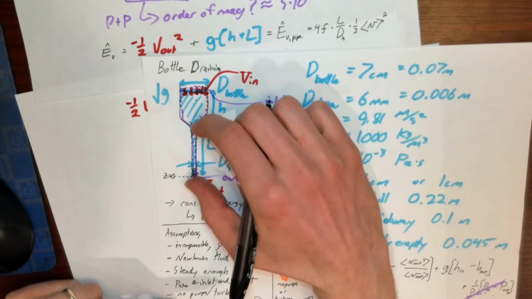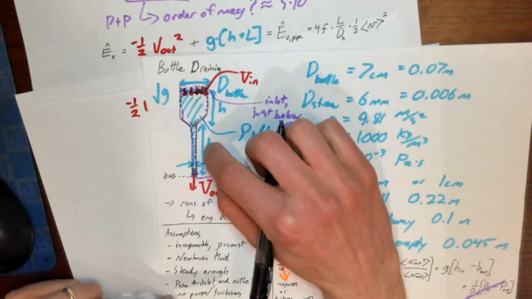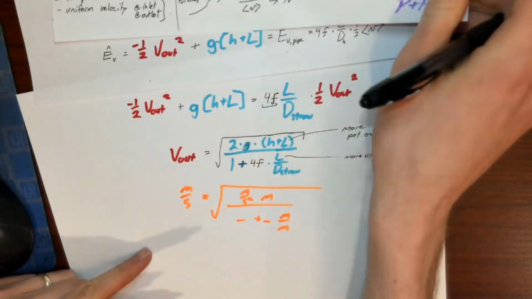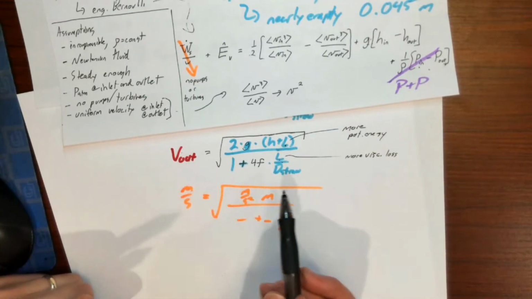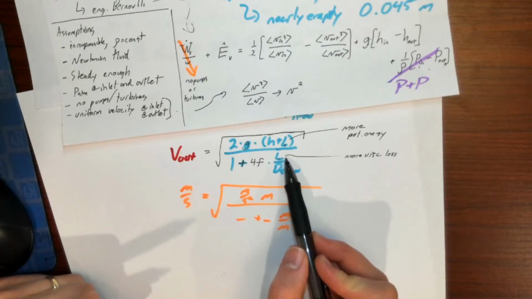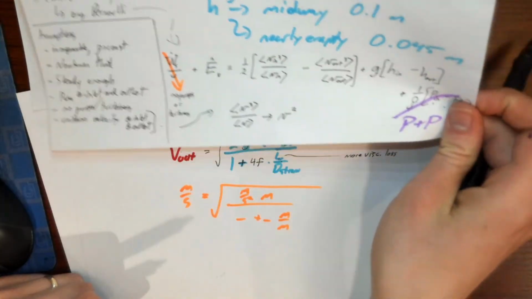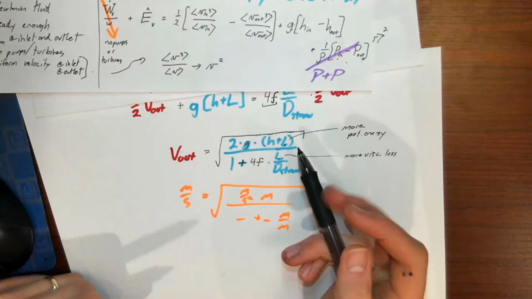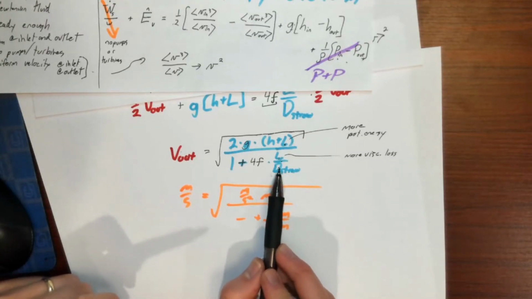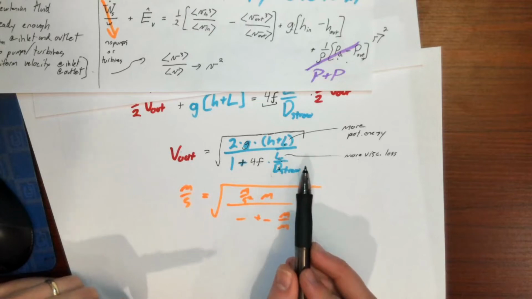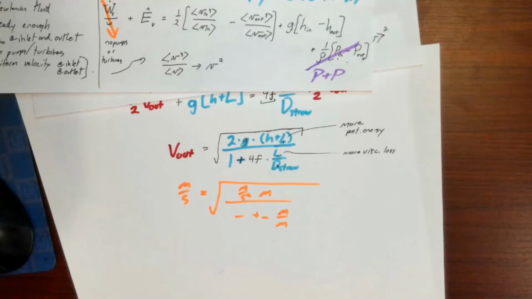But having some appreciable length of the straw does increase the viscous losses as well. So it makes sense to have an L both in the numerator and denominator, the numerator giving it more potential energy to give it more Vout, but the denominator reducing the velocity by having more viscous loss. So L giveth and L taketh away. The diameter of the straw is in the denominator here, but don't worry about that too much for the time being. We'll deal with the dependence on the diameter of the straw in just a second.